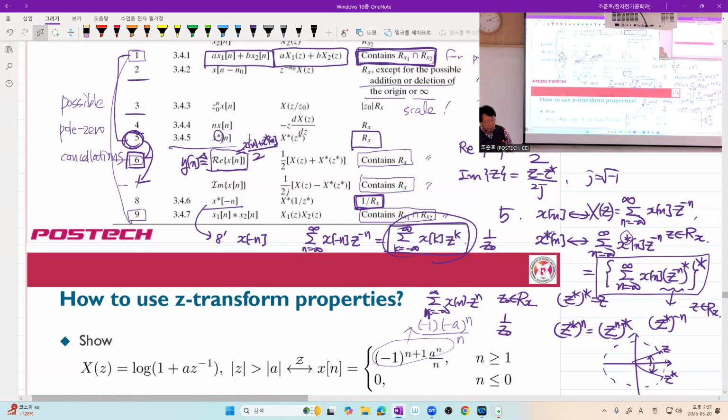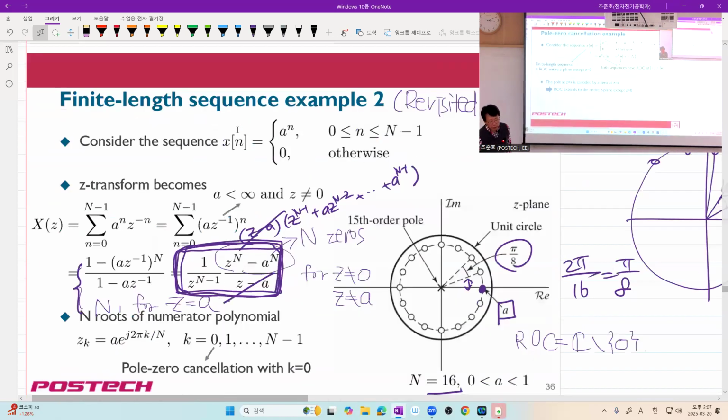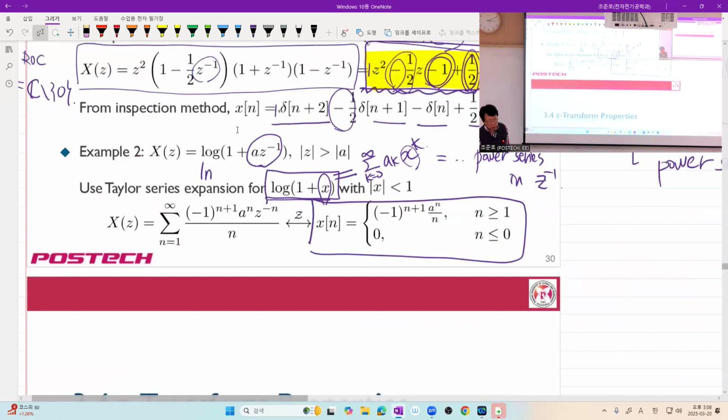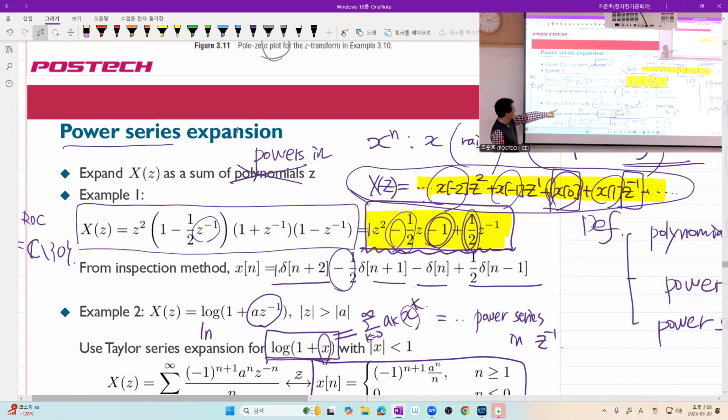Anyway, by the way, here goes another one. So we've seen this example already here. Where is this? Yeah, here. Capital X equals log of 1 plus a z inverse and this region of convergence. And you may say that same problem.